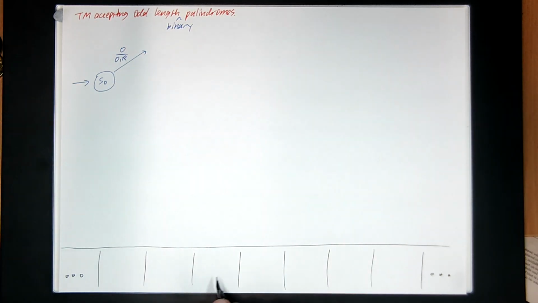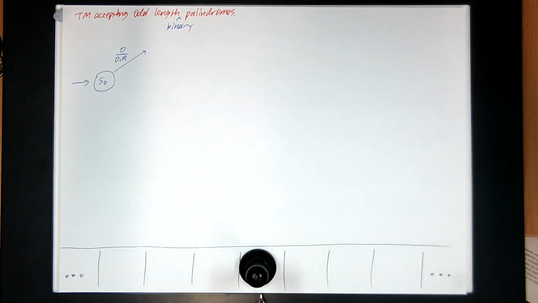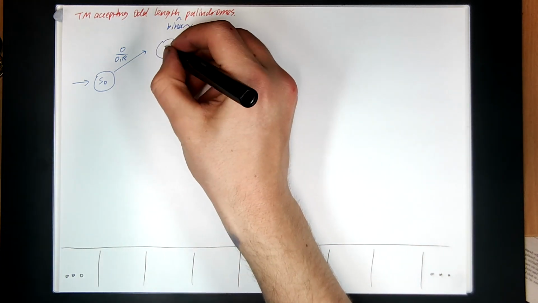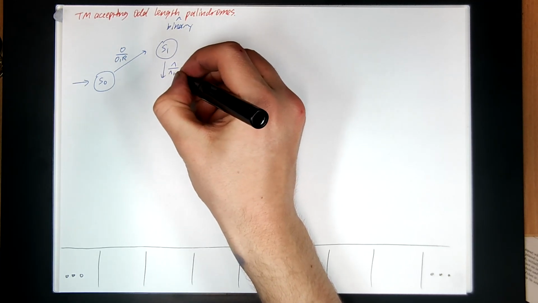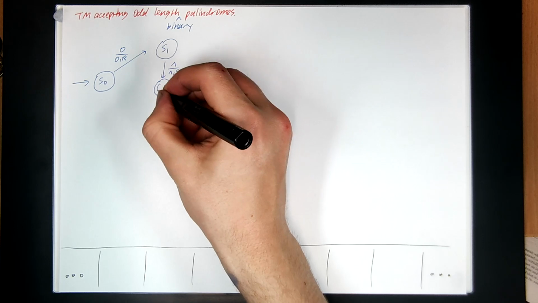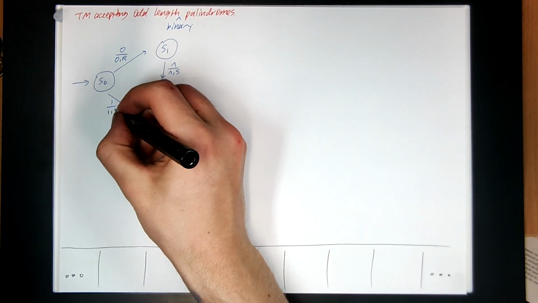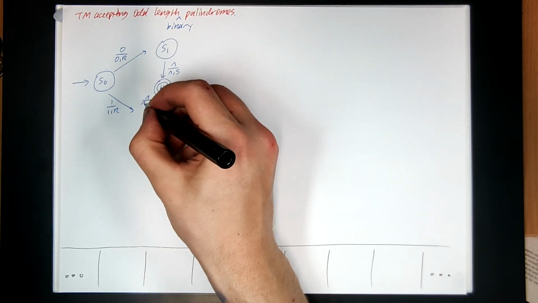And then if I see a blank right next to it, so here's my 0, if I delete this and step to the right and see a blank, that means the input string was only a 0, and that means I should accept. So if I see a blank, put the blank back, stay, and go immediately to an accepting state. And we'll do the same for the 1. See a blank, write a blank, stay.